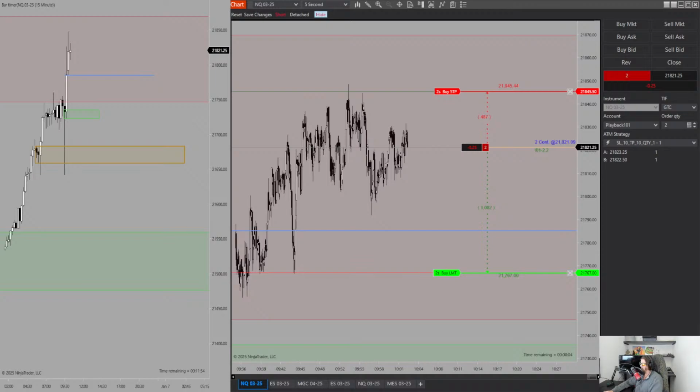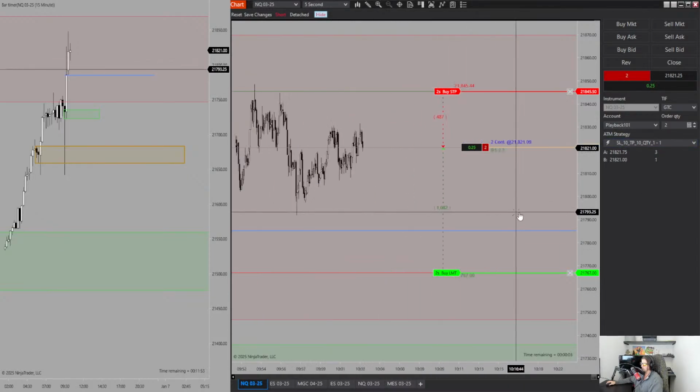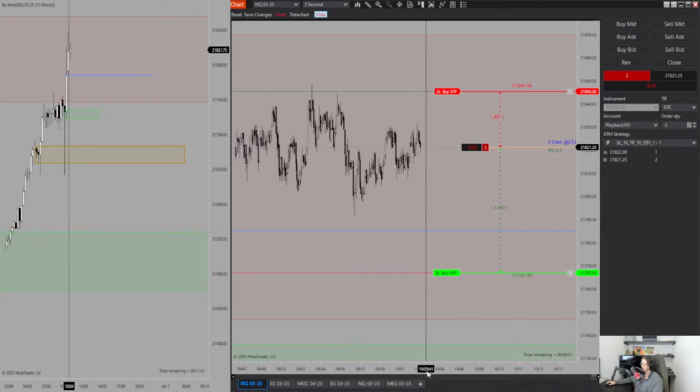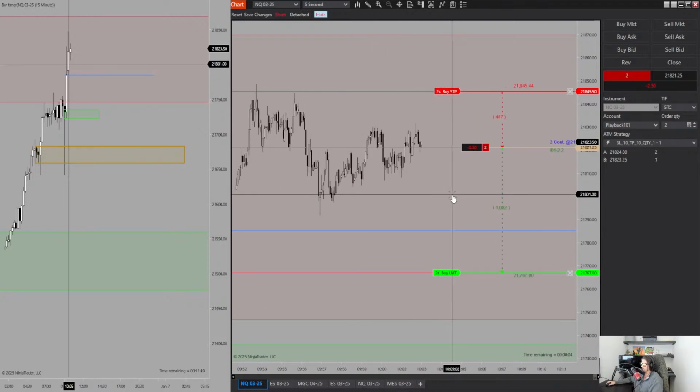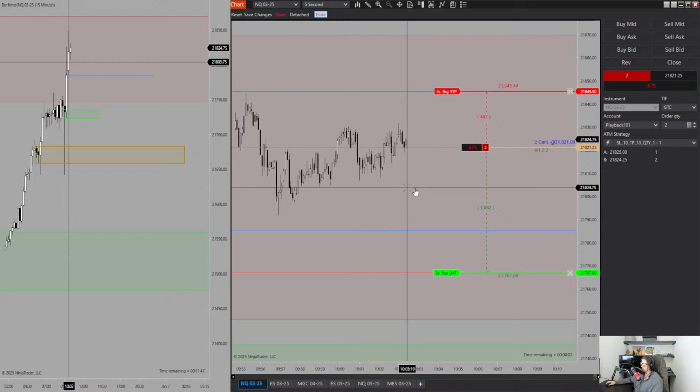Expected exit 21767. Original stop 21.45.5. Alright, and we'll monitor this. I am going against the trend here. Just kind of trying some new things here.